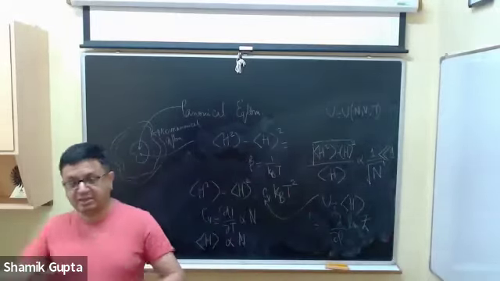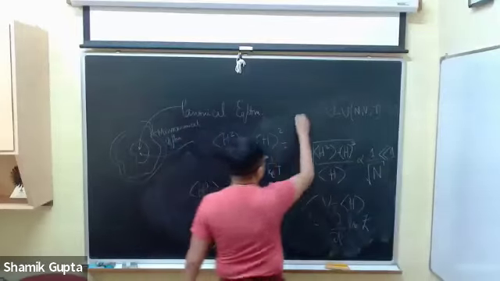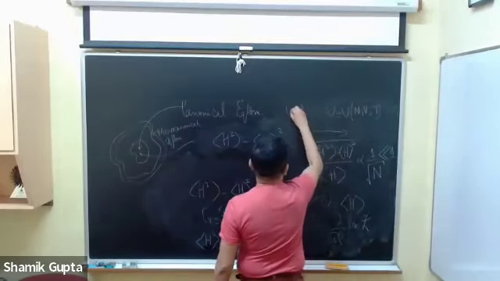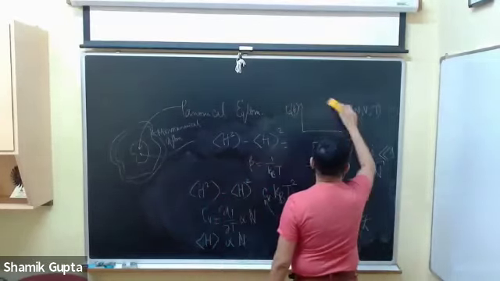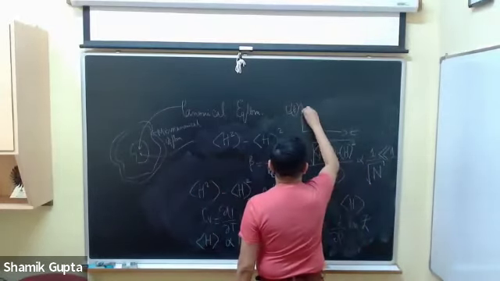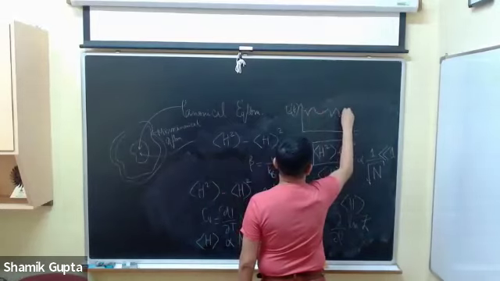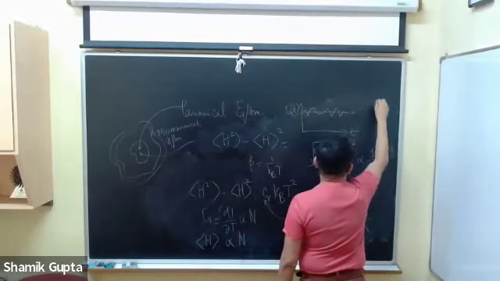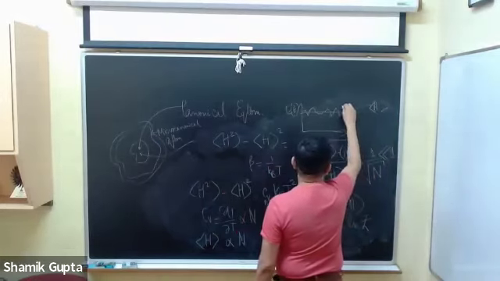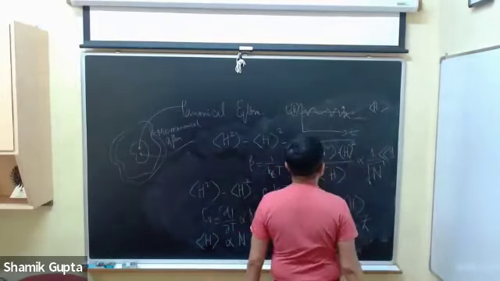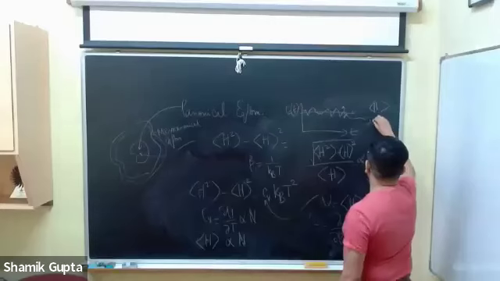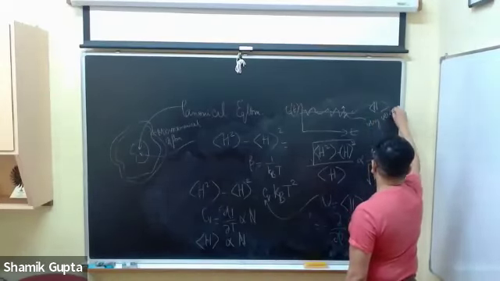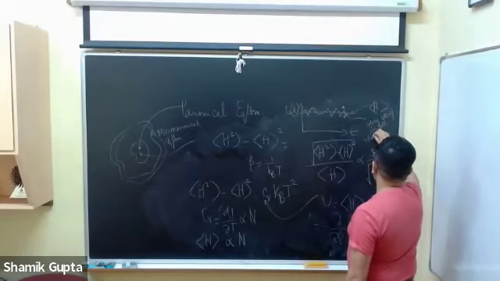But what we find is that about that average energy, if I look at the plot of the energy as a function of time, it fluctuates, of course. This is the average value, which is given by H average. But about this average, the relative fluctuation is very, very small.